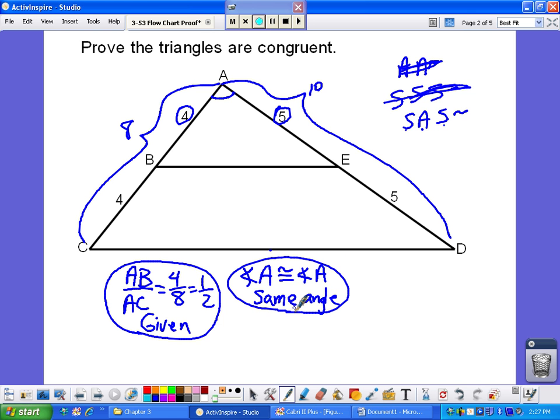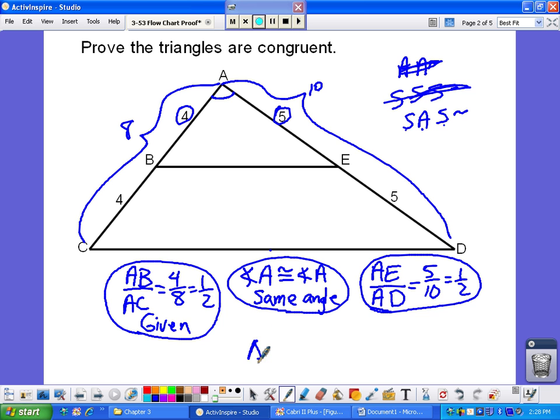And then the last one, on this other side, I have that side AE over side AD is the same thing as 5 over 10, which gives me 1/2. 1/2, proportional. So both sides have the same fraction. The angle in between is exactly the same. I have side angle side similarity. These two triangles are similar.